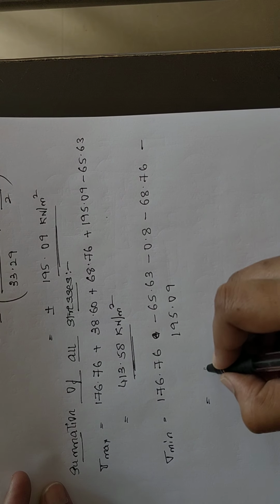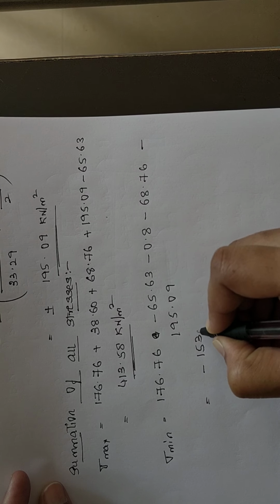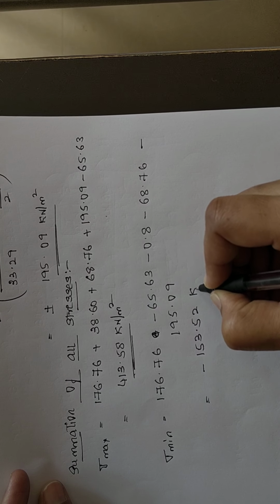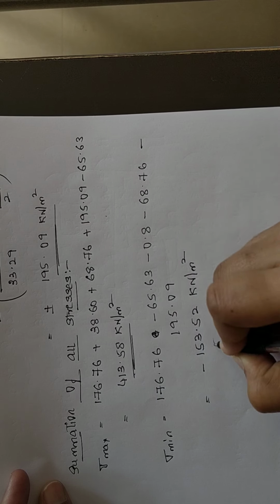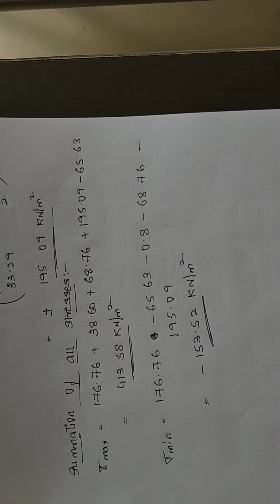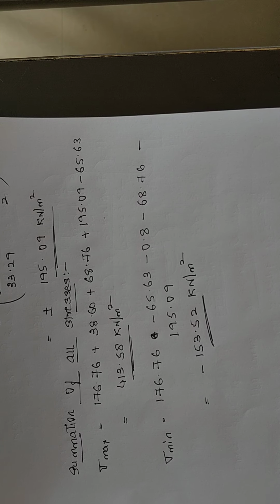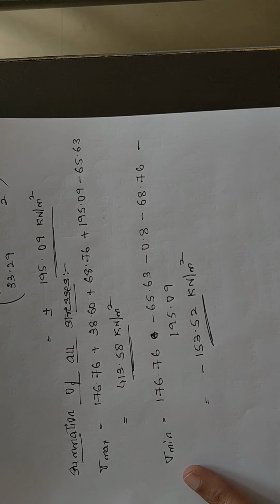You will get minus 153.52 kilonewton per meter square. Add all the positive values in order to get sigma max, and add the negative values in order to get sigma minimum.